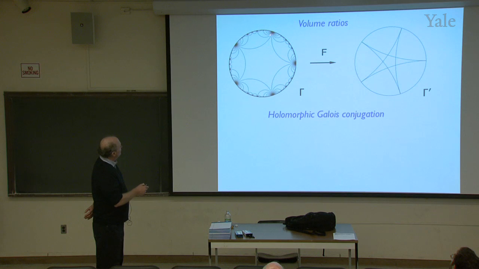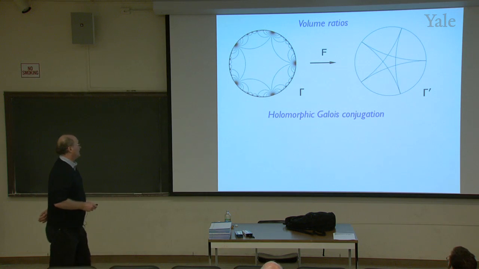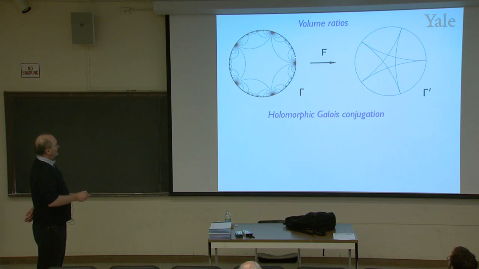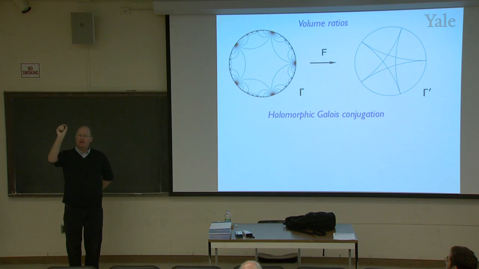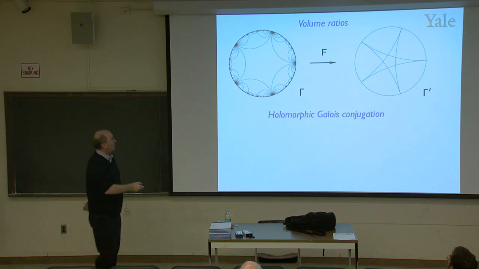So take the group of isometries of the hyperbolic plane generated by reflections in the sides of an ideal pentagon, a regular pentagon. Okay, so the vertices of this pentagon are at the fifth roots of unity. Now, there's a Galois automorphism of Q adjoined a fifth root of unity that sends the fifth root of unity to its square.